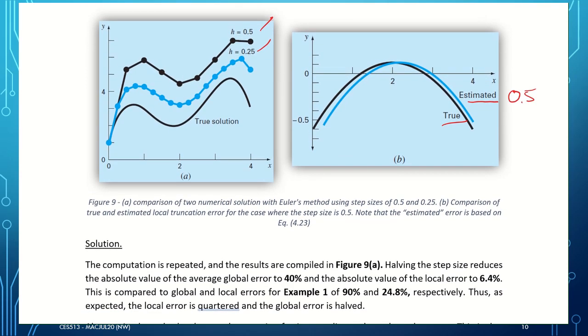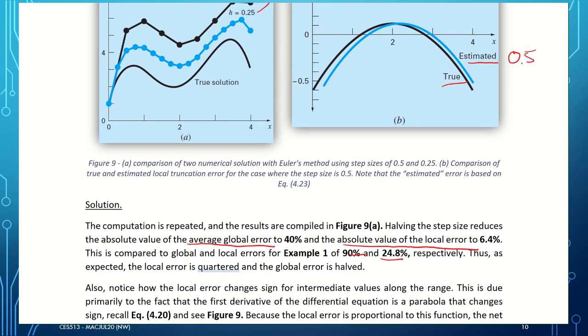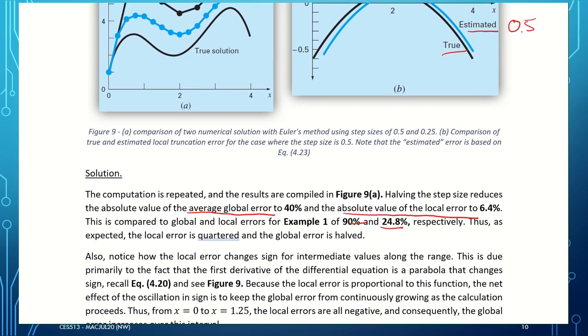Halving the step size reduced the absolute value of the average global error to 40%, and the absolute value of the local error to 6.4%. This compared to global and local errors for example 1 of 90 and 24.8 respectively. Thus, as expected, the local error is quartered and the global error is halved.